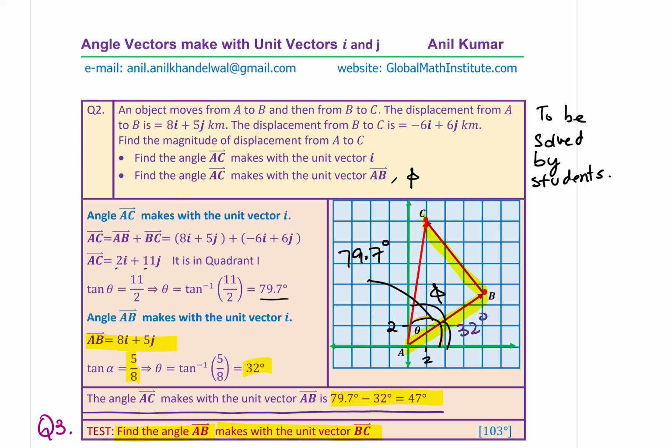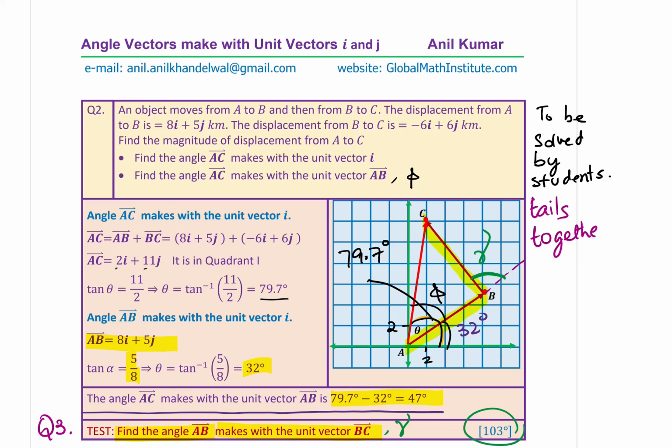Now remember, when you are finding the angle between vectors, put both the vectors' tails together. So that means we'll extend this vector here. And what you're really interested in finding is that angle, correct? So that is the angle which you need to find in this particular case. So let's call this angle gamma. So you need to find the angle gamma, and that is your test question.